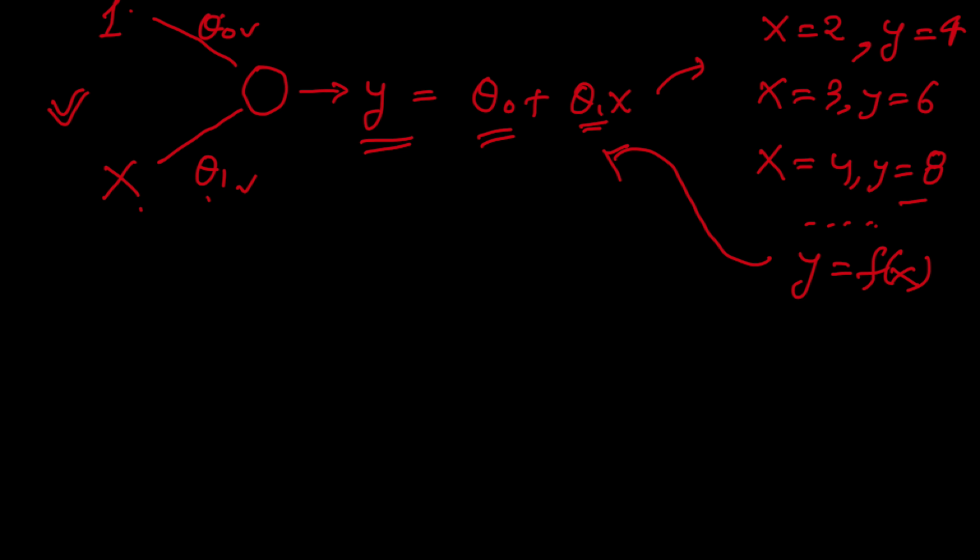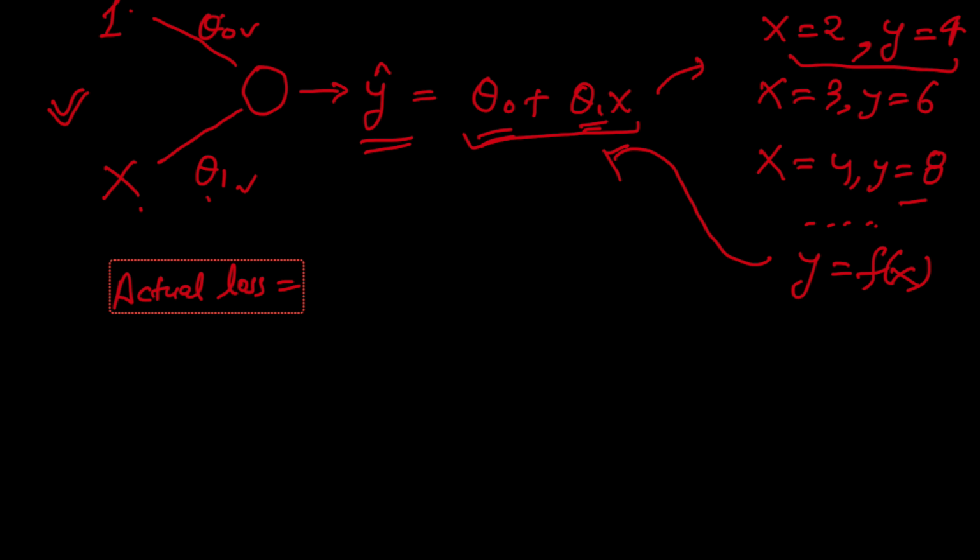If I define y cap as the prediction, which is simply the output of this function, then the loss we can define is the true answer for this particular set of points, let's say, y minus y cap.